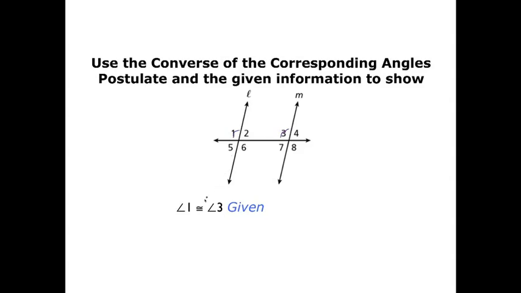Since we're given that they are congruent to each other, then the corresponding angles postulate converse tells me that lines L and M have to be parallel. So you can have converse of the corresponding angles postulate or corresponding angles postulate converse. Either one is fine.